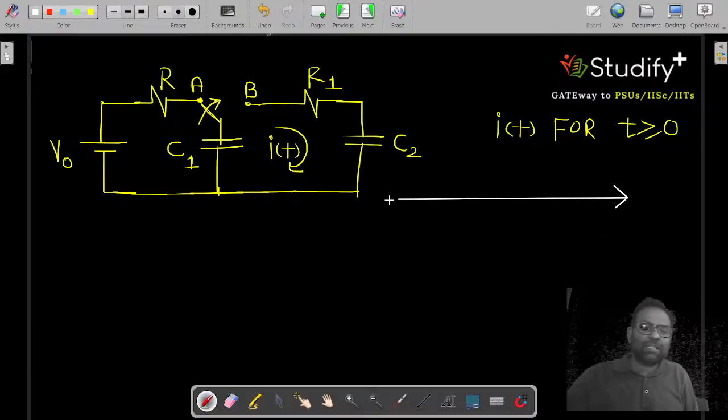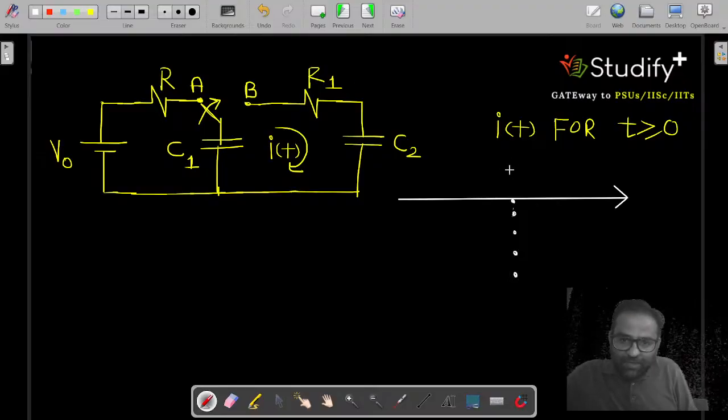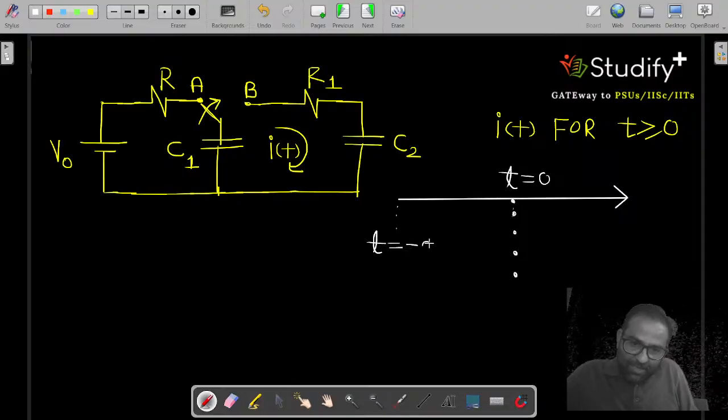Remember one thing: this is the point where t is equal to 0, this is the point where t is equal to minus infinity, and let me draw one more point where t is equal to 0 minus.